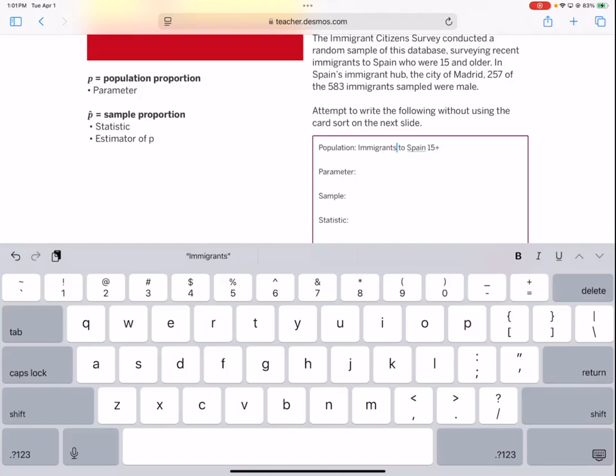That's who the population was from. It's every immigrant, all immigrants. So basically, it's all immigrants to Spain who are 15 and older. Okay, that's the population.